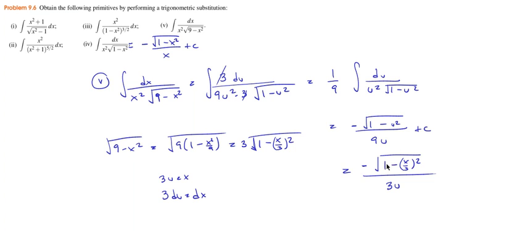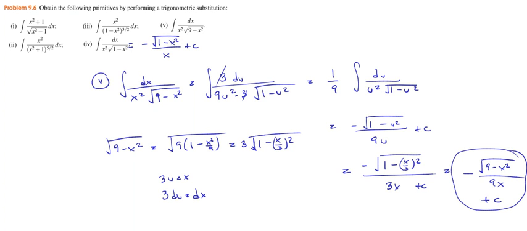Now this, again, we can remember that this is equal to this divided by 3, right? So this is minus 1/3 of, so this is 3x, not 3u, 1/3 of the square root of 9 minus x squared divided by 3x, or in other words, this is minus the square root of 9 minus x squared divided by 9x plus c. Okay, this is the primitive that we're looking for.